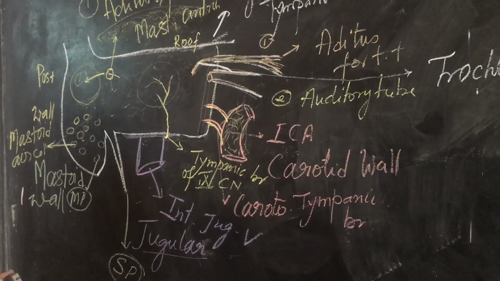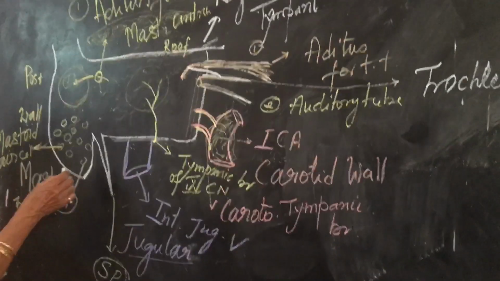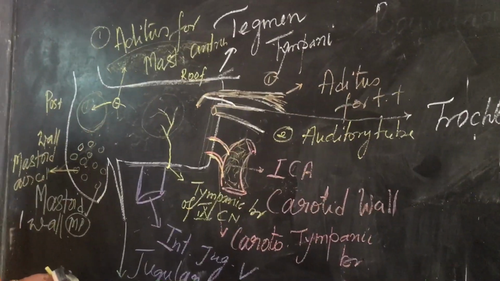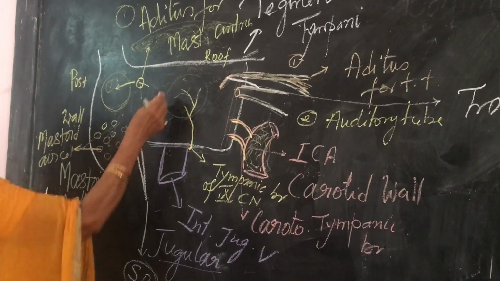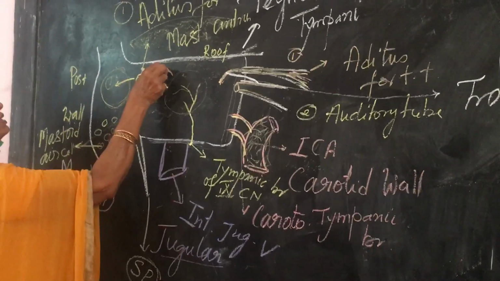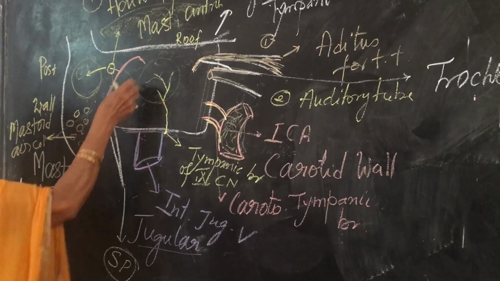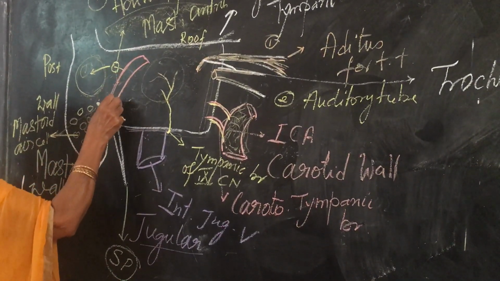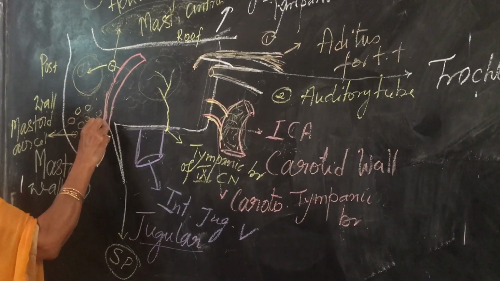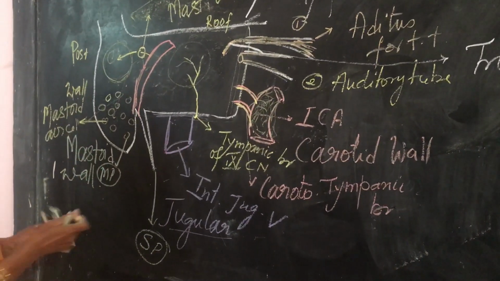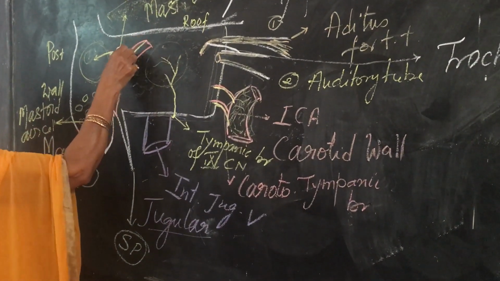So that is one of the important structures. Another important structure you find in the posterior wall is the facial canal. The facial canal extends from the upper portion of the medial wall to the posterior wall. The facial nerve is the main content of that.